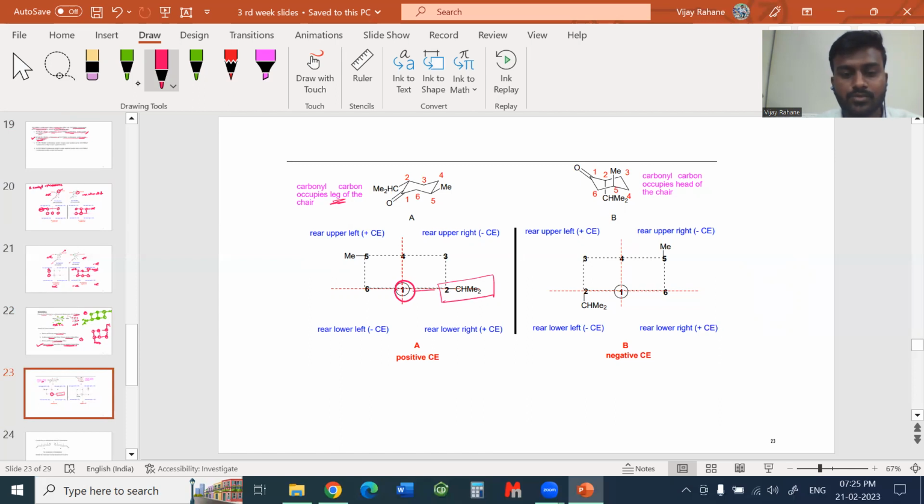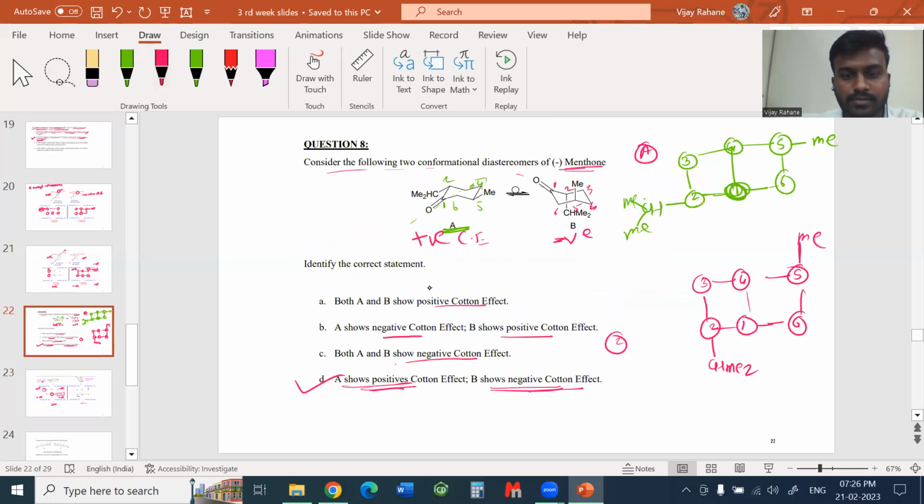Then negative, positive, negative, and positive. So here you can see the group shows a positive Cotton effect, right? Because both the groups, this methyl, you can see on the positive side, as here also we have seen this on the positive.